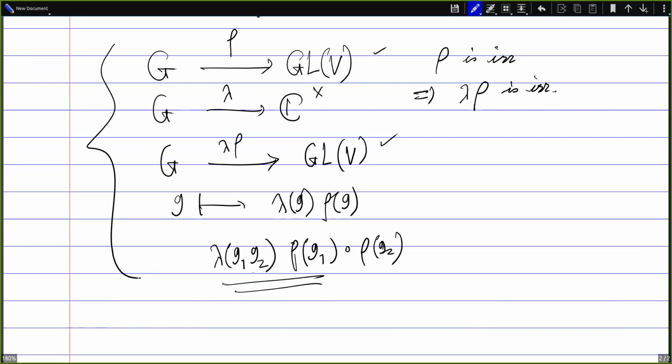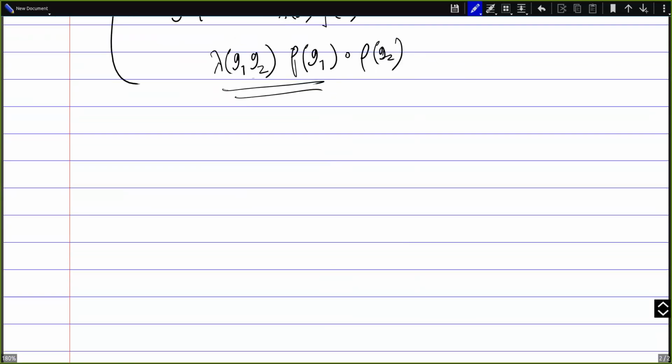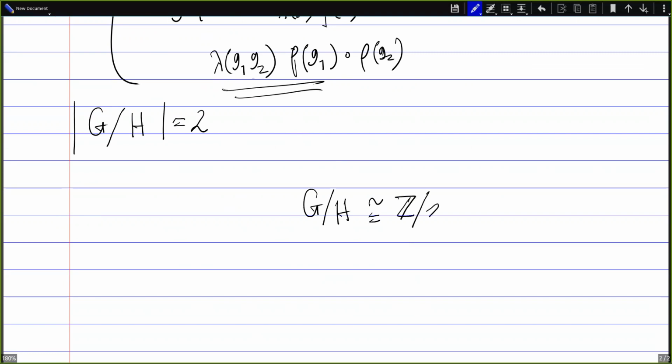Now we shall use that in a very particular context: suppose H is a normal subgroup of index 2. Okay, then G modulo H is isomorphic to Z mod 2Z. So therefore we have exactly two characters of G modulo H. The first one is trivial, the other one is sending every non-identity element here to -1.